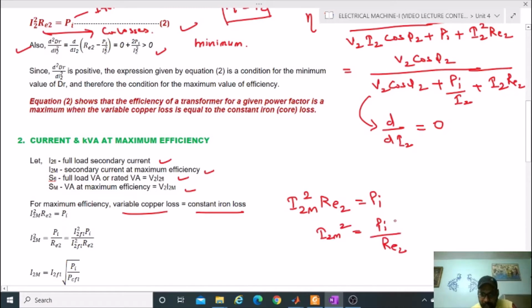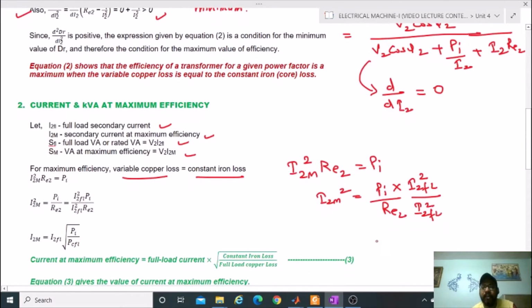If we multiply the numerator and the denominator by I2FL square, then I2M is equal to the square root of Pi by Pi into Re2 into I2FL square, times I2FL, where I2FL square Re2 is the copper loss at full load.